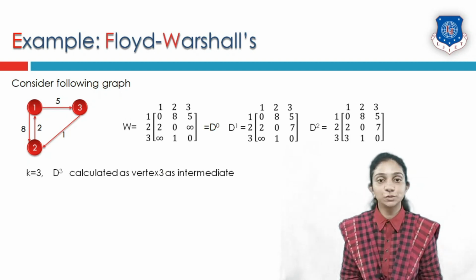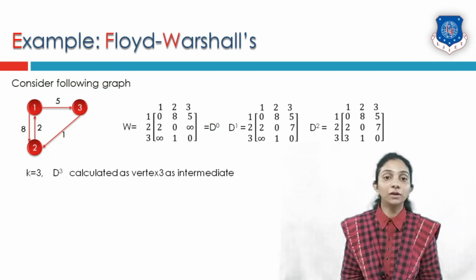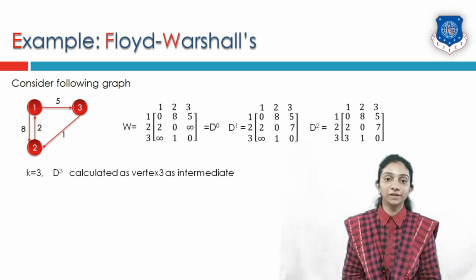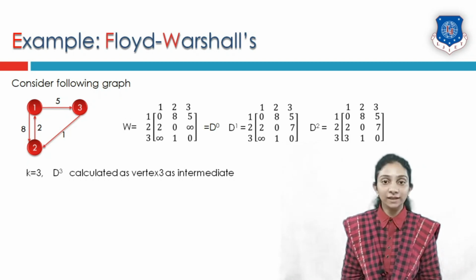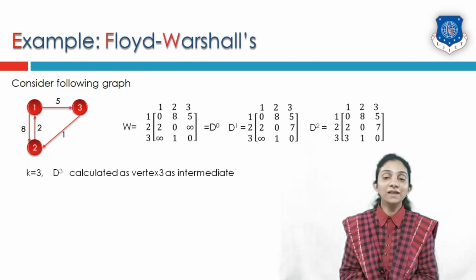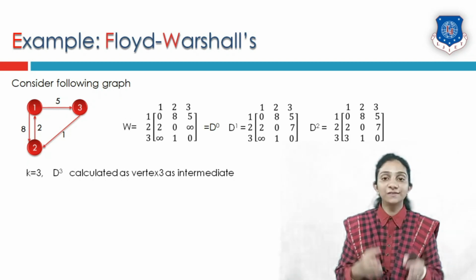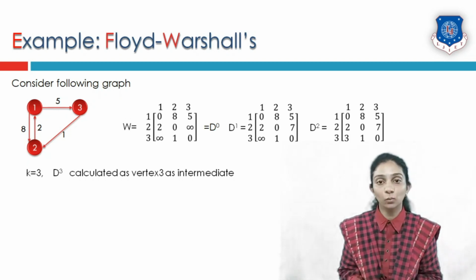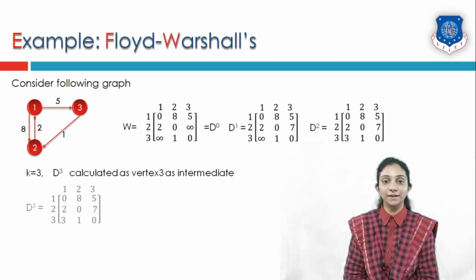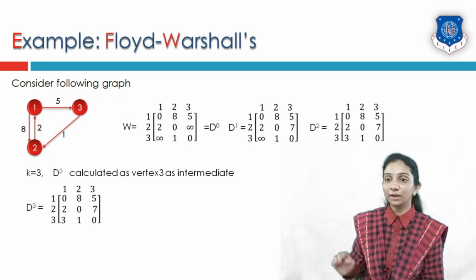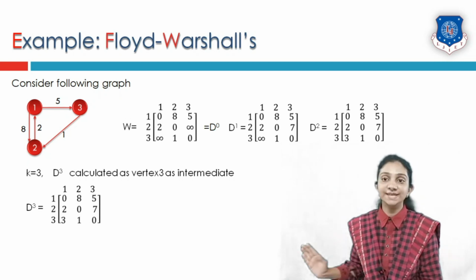Distance matrix 2. Now we will calculate distance matrix 3, that is for k is equal to 3. We see distance matrix 3 is considering vertex 3 as intermediate vertex. Now as you know, to calculate D3 we are copying D2.